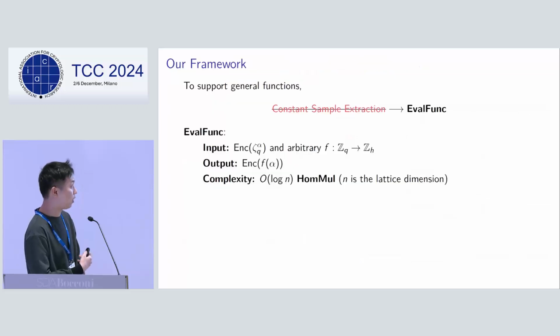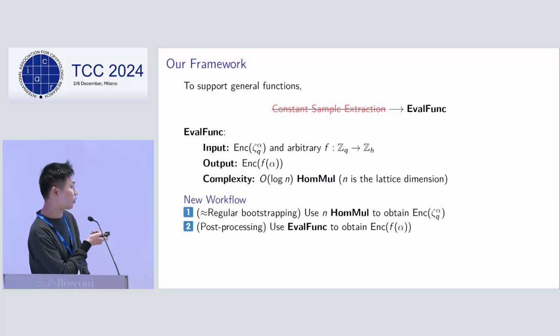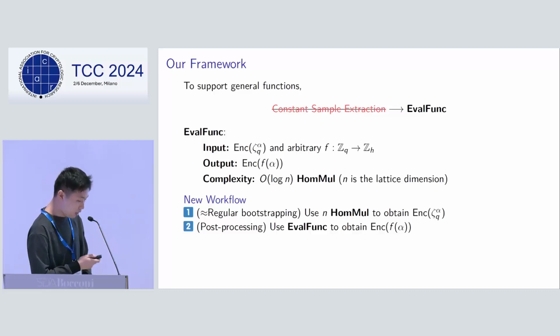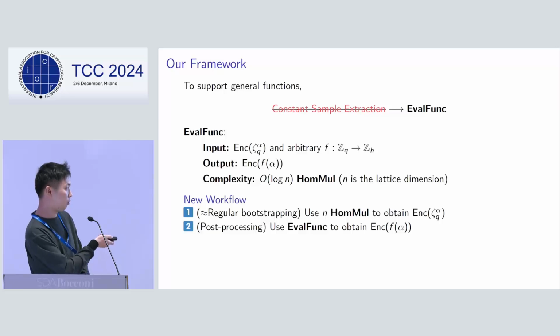We construct a function evaluation algorithm called EvalFunc that can evaluate an arbitrary function over the integer rings within a logarithmic complexity if the message is in the exponent of some primitive root of unity. In our new workflow, the first step is to run the regular bootstrapping to get such an encryption, and then use EvalFunc as post-processing. So the efficiency of our functional bootstrapping over regular bootstrapping reaches 1 plus little o(1).